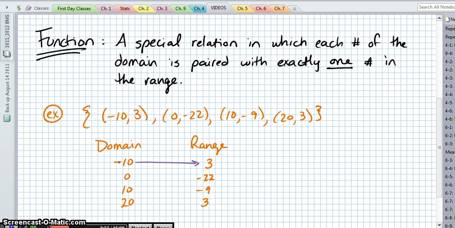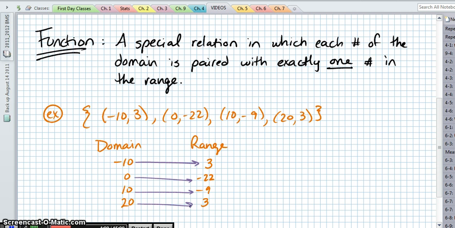Okay, it's not paired with anything else. Great. 0 is paired with -22. 0 is not paired with anything else. 10 is paired with -9, and 20 is paired with 3. So as we can see here, each value in the domain is paired with exactly one value in the range.